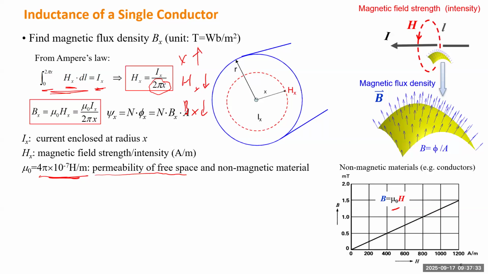All right. Next, we need to figure out the flux linkage. Flux linkage is just the flux multiplied by the number of turns. In this course we use phi to mean the flux, and flux is equal to the flux density multiplied by the area.